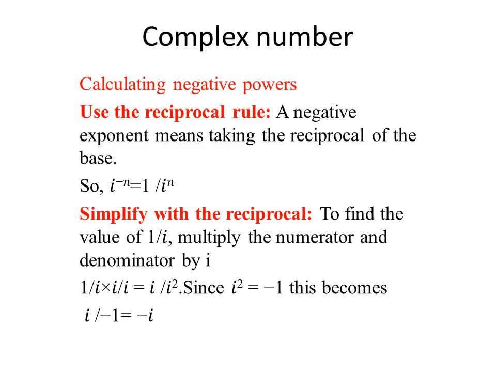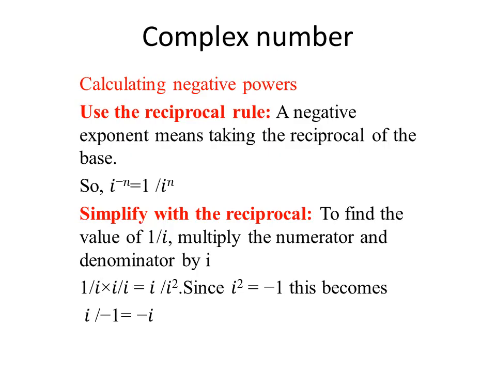After knowing the negative powers, we have to calculate the negative powers. For calculating negative powers, we use the reciprocal rule, and then we simplify with the reciprocal. In the reciprocal rule, a negative exponent means taking the reciprocal of the base, that is i to the power of -n is 1 by i to the power of n.